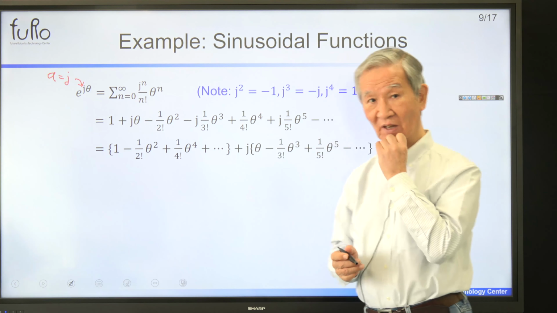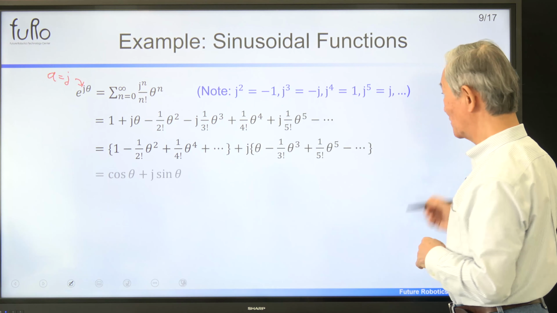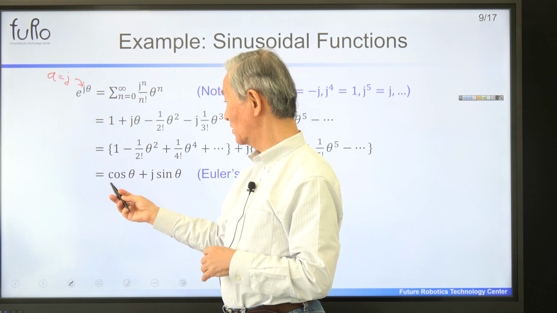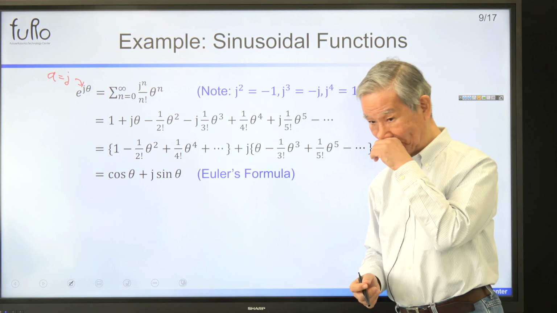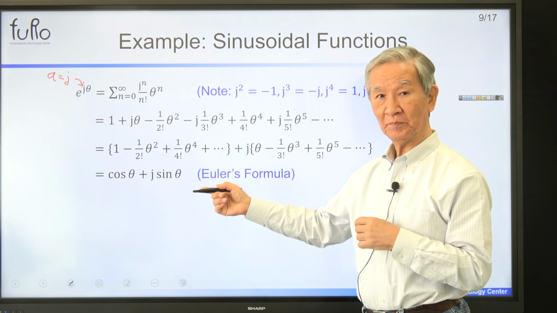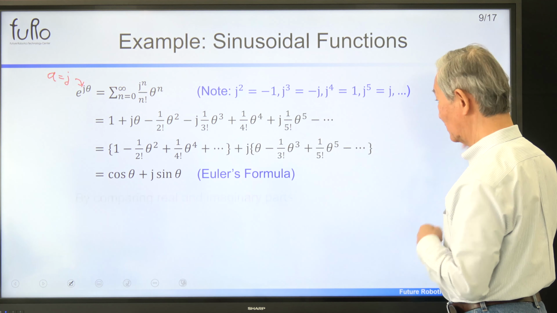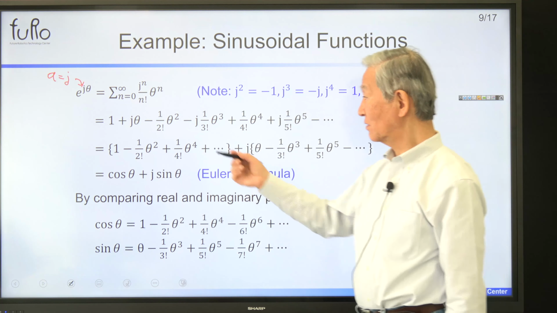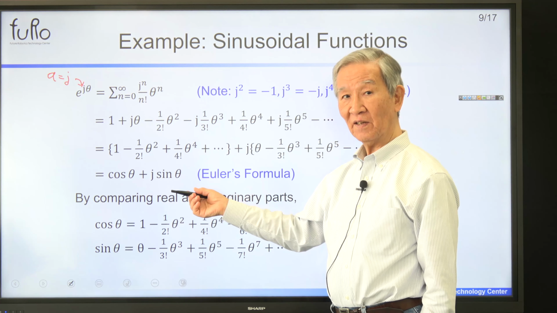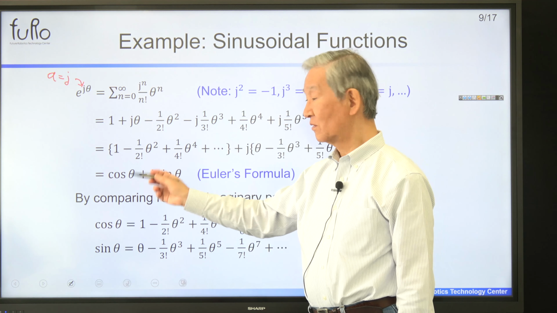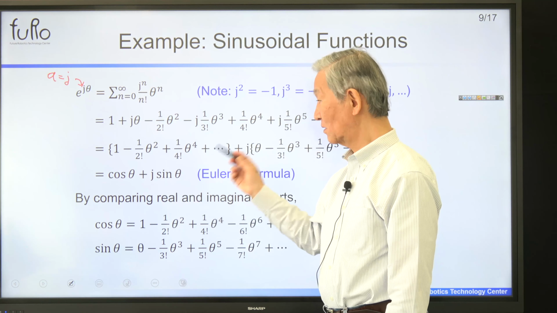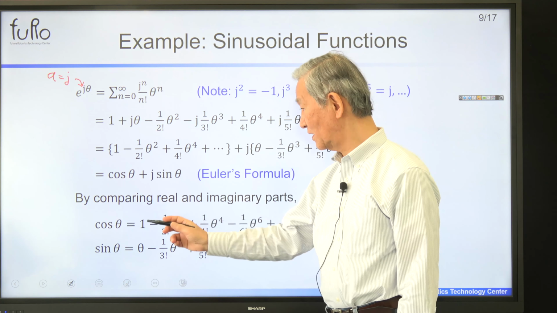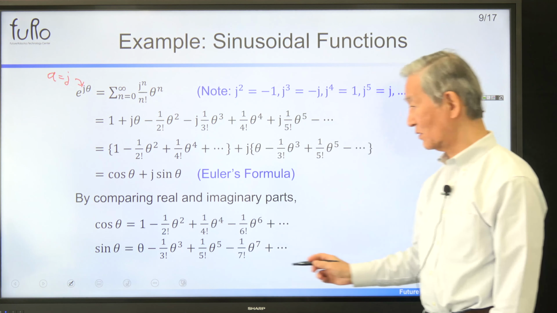And can you tell where I'm heading? Of course, you can tell. Euler's formula tells you that this one here is cosine theta plus j sine theta, and that is equal to that. So, by comparing real and imaginary parts, two complex numbers are equal to each other if and only if the real parts and imaginary parts are equal to each other. So cosine theta is this and sine theta is equal to that.